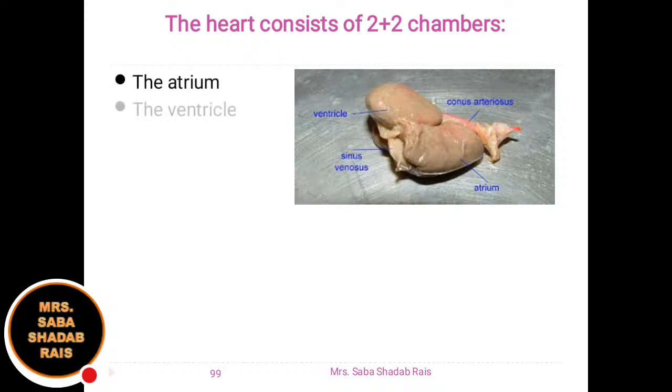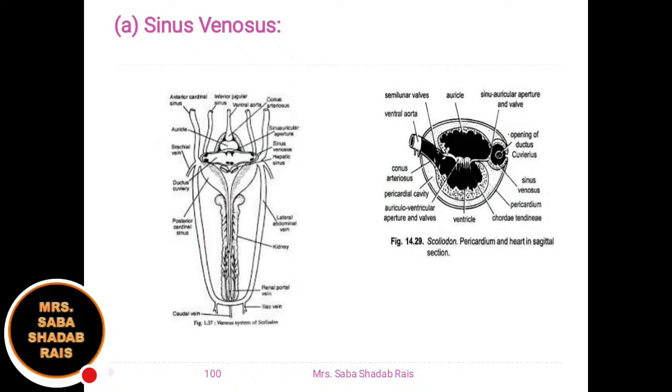So atrium and ventricle are the two main chambers, and conus arteriosus and sinus venosus are the two accessory chambers. Hope students you will remember it.